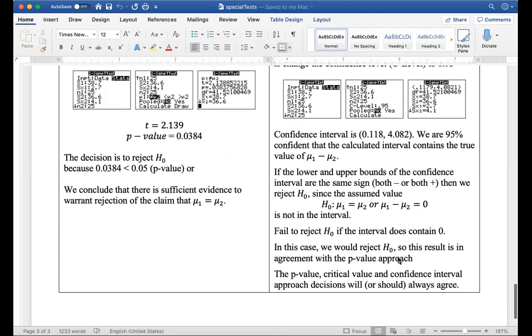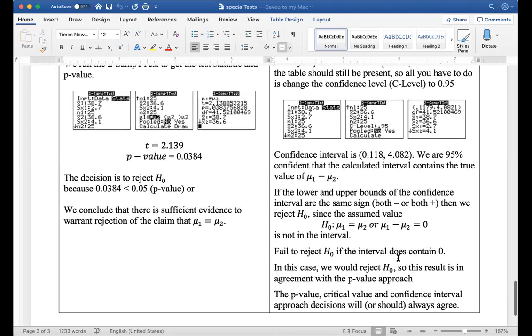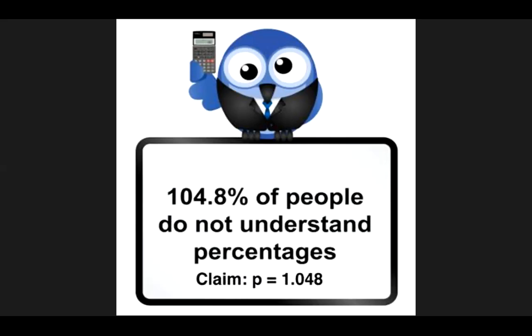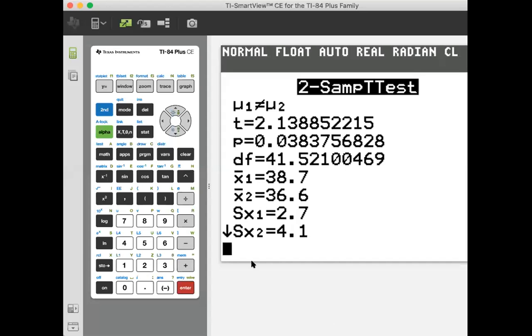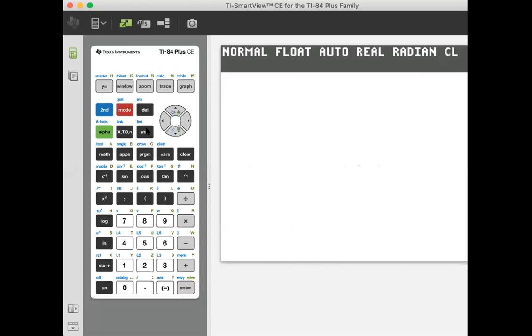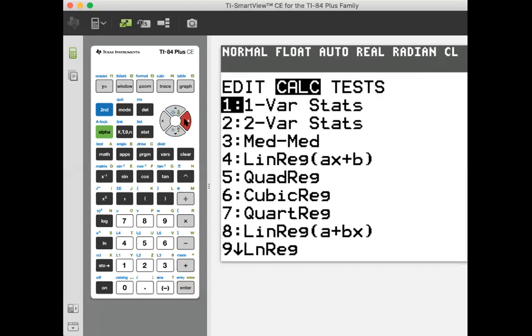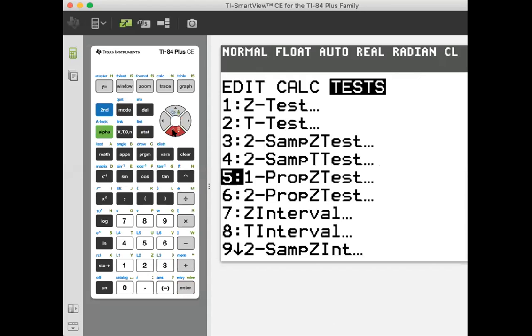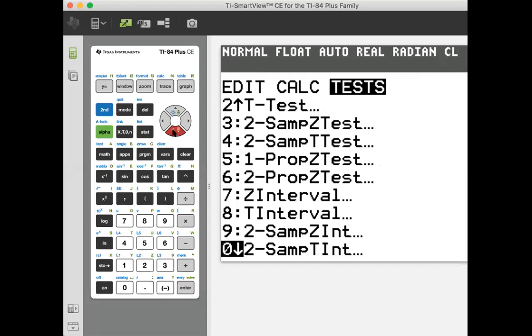So let's take a peek at how we would do this, since we have not done confidence intervals before for anything but proportions. There is a test on the calculator that allows us to do this, and that is the 2-SampTInt. So let's clear this out, go to stat, right arrow to tests, and let's go down to, notice these are ints now. 2-SampTInt means interval, rather than 2-SampTTest being the hypothesis test.